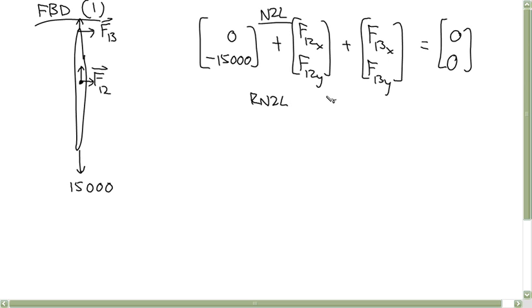And the rotational equation, I'll compute the moments again about this point, C, which is also the origin. So there's no moment produced by this downward force. What moment's produced by F12 about this point? Yep. And the y component doesn't contribute at all.